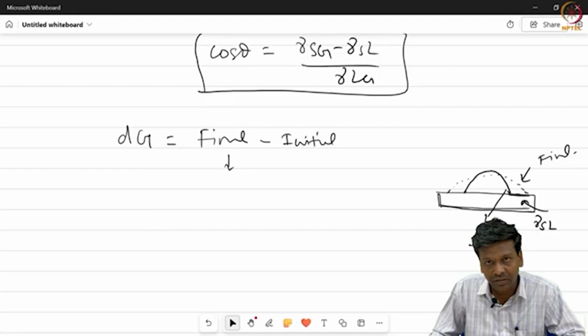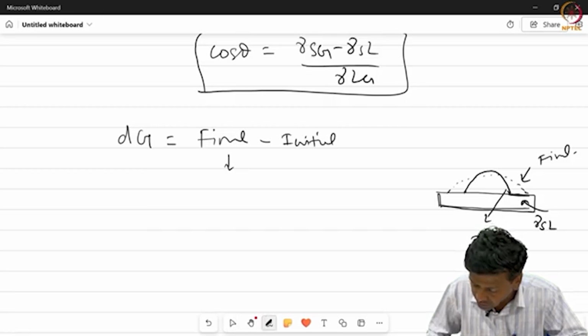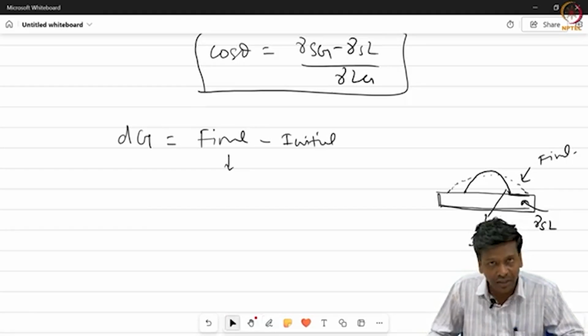That surface energy is lost because it is replaced by gamma SL. So gamma SG no longer exists. At the same time, the area associated with gamma LG has also increased because of the spreading, right?